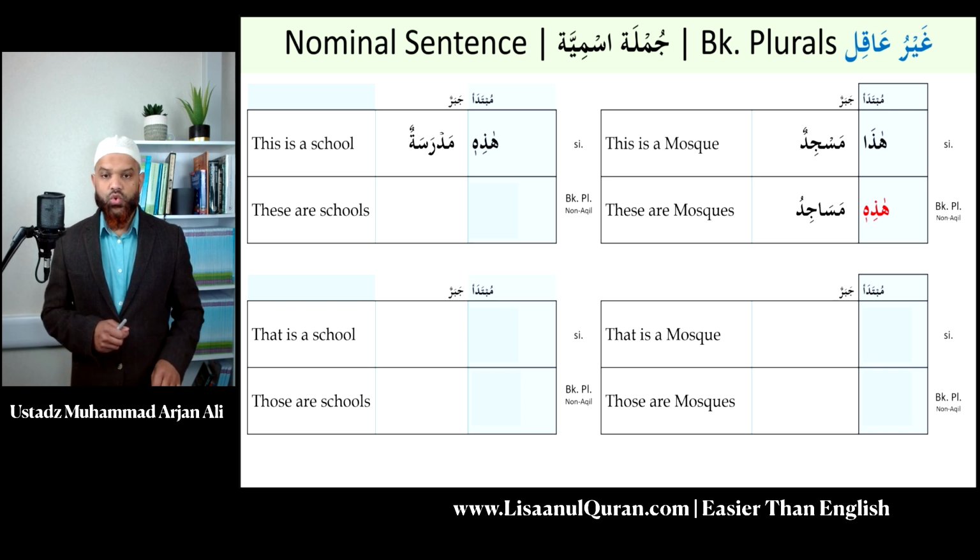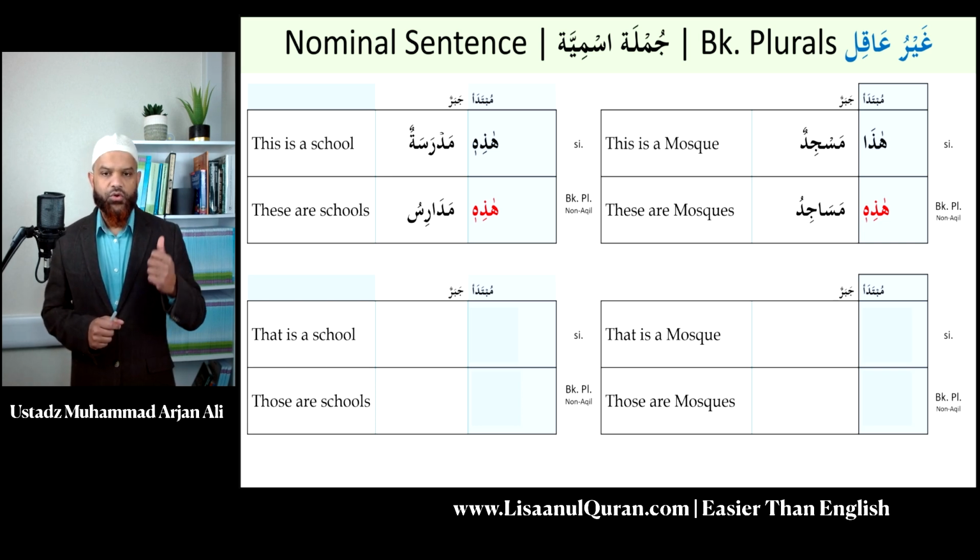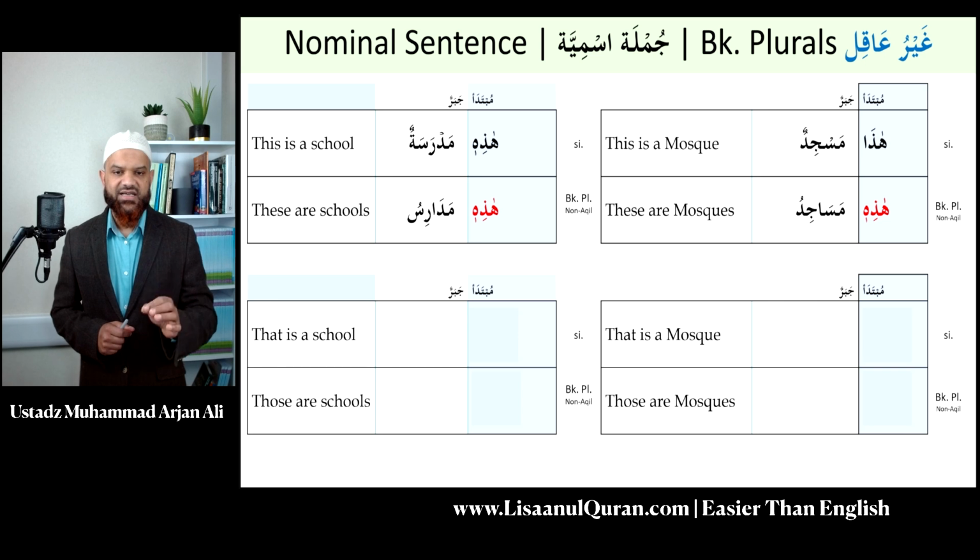The word for schools in Arabic is madarisu. Again, it's similar to the masajidu word, partly declining. Again, I'll use hadihi. These are schools. So please note, broken plurals, especially all the ones which are non-aqil, of course, mosque and school don't refer to angels, humans, or jinns. They will be treated as singular feminine.